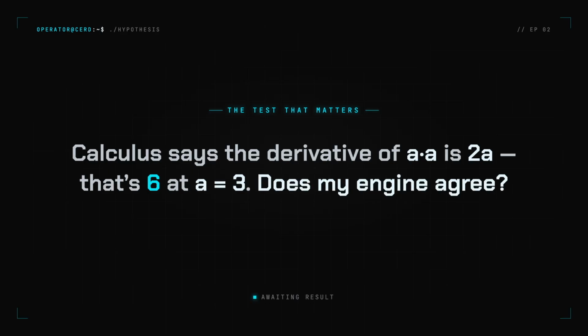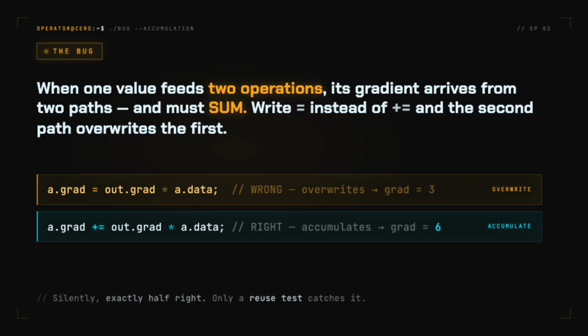So the real test that actually matters in this situation is what happens when a value gets used more than once. The simplest use case for it is a times a. In calculus, the derivative of a squared is 2a. So say a equals 3, the result should be 6.